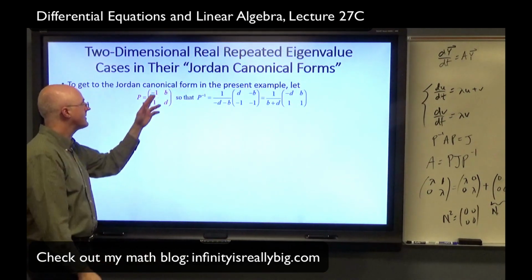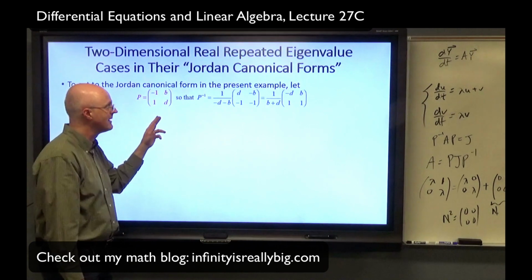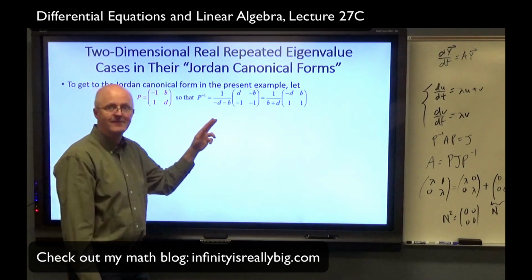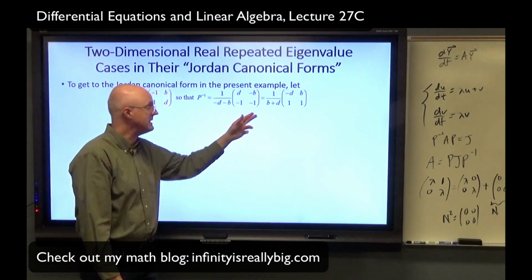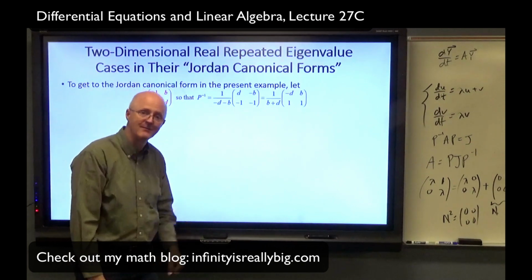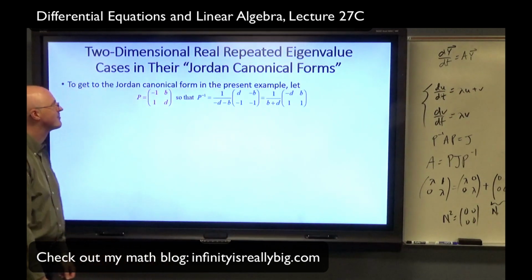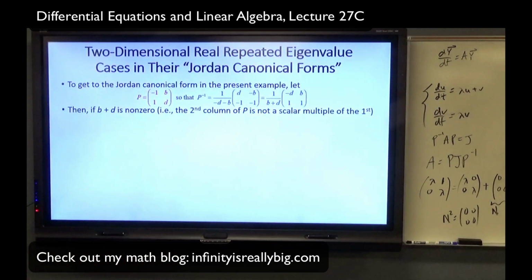Remember, I don't want this column to be a multiple of this column. It won't be as long as B plus D is non-zero, and so I won't be dividing by 0. If B plus D is non-zero, the second column of P is not a non-zero scalar multiple of the first.